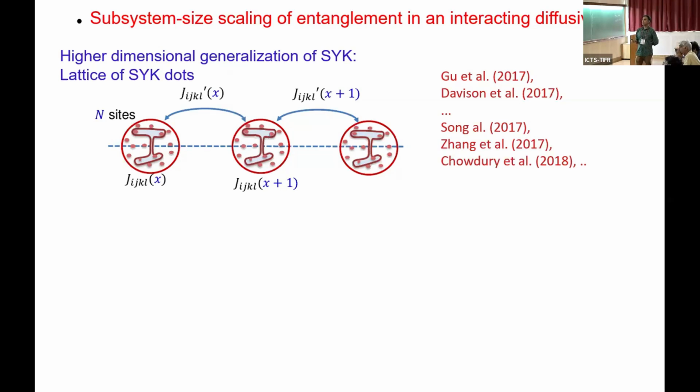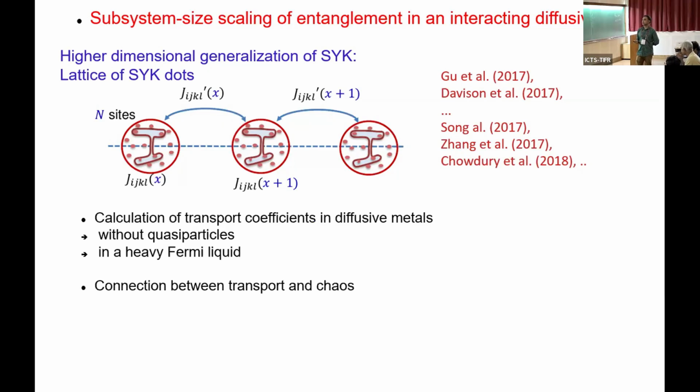Then you can ask what is the scaling of entanglement with subsystem size now in space. Just after the SYK model came into the discussion, people immediately generalized it, again in the condensed matter context.